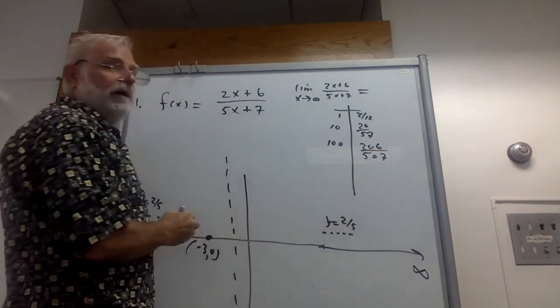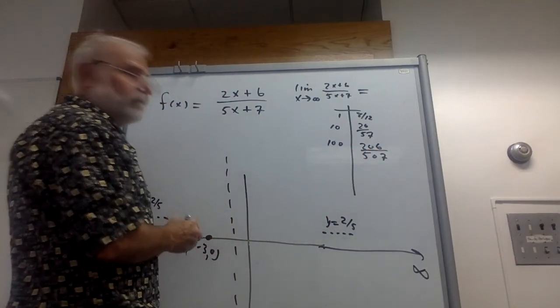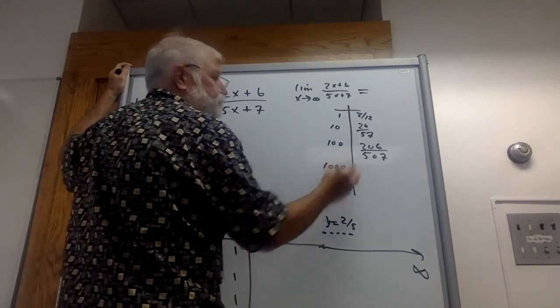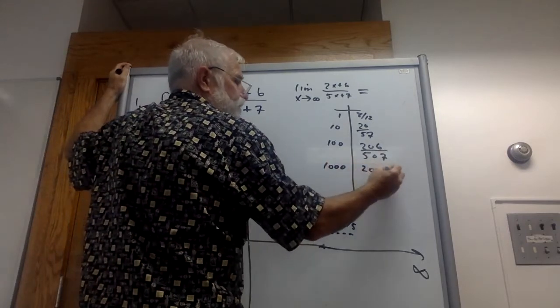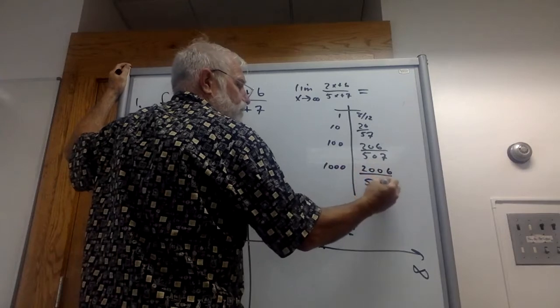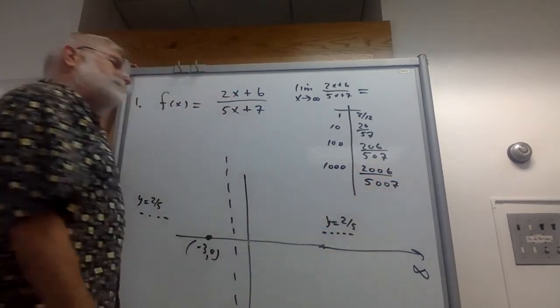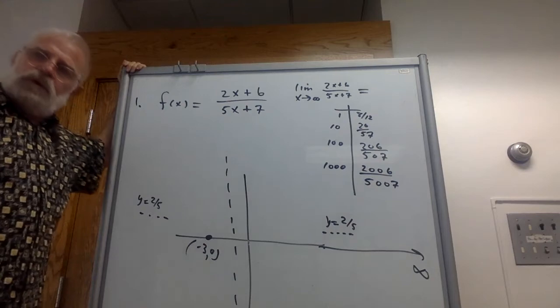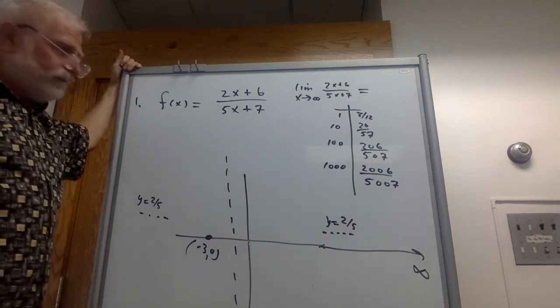I'm starting to see a pattern. Are you? Let's put 1,000 in. 2006 over 5007. I wonder what this ratio is heading towards.